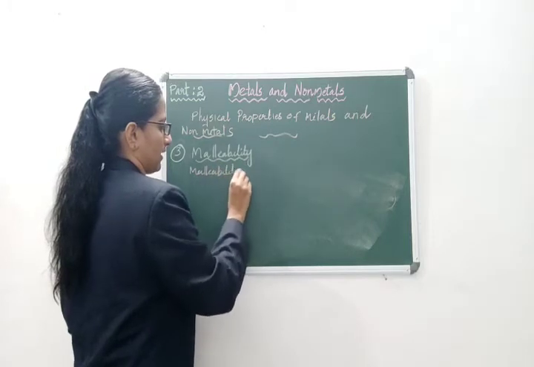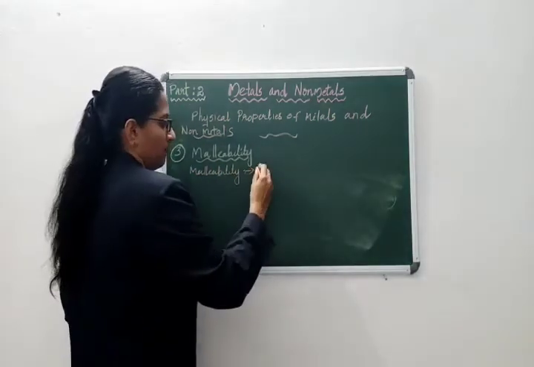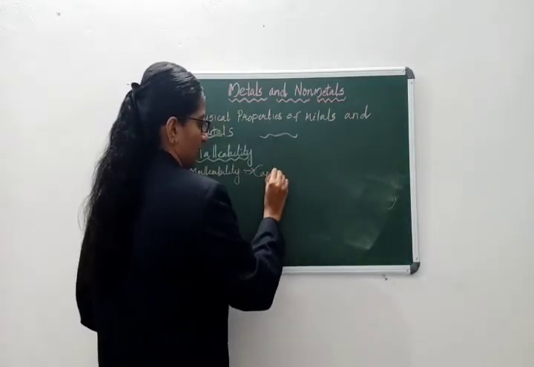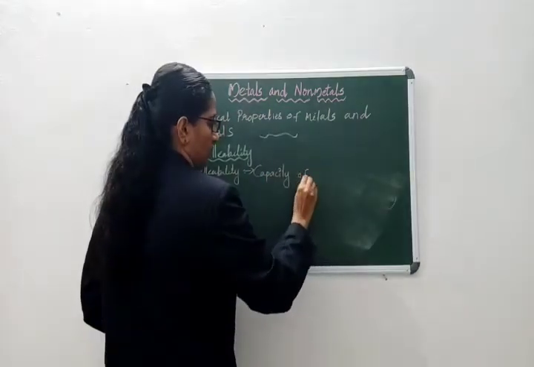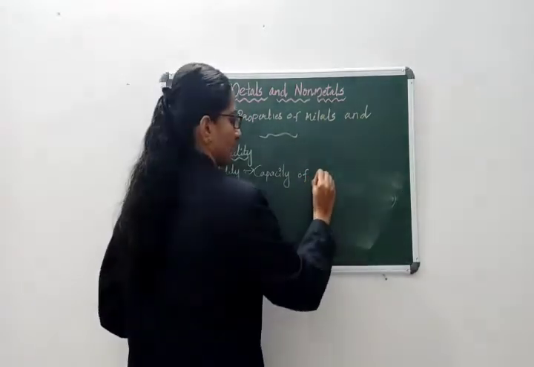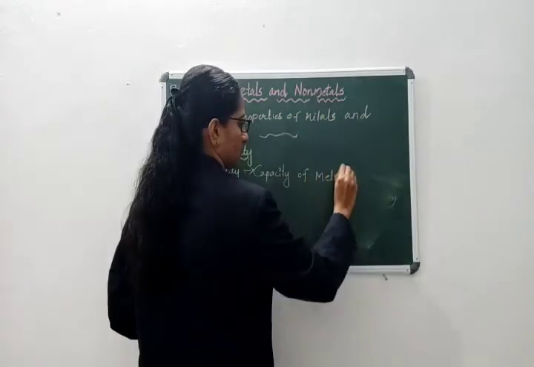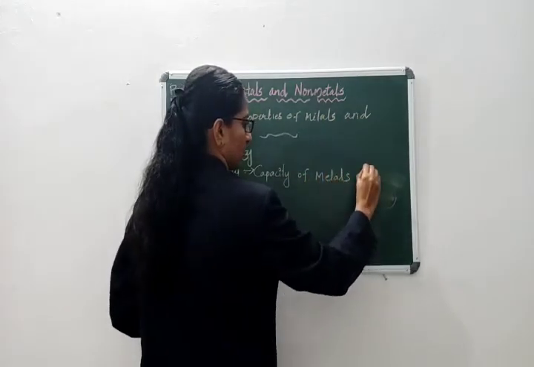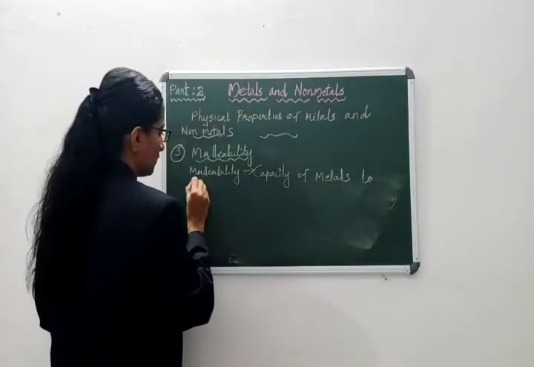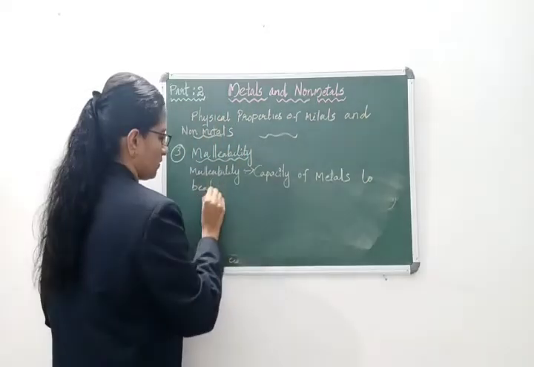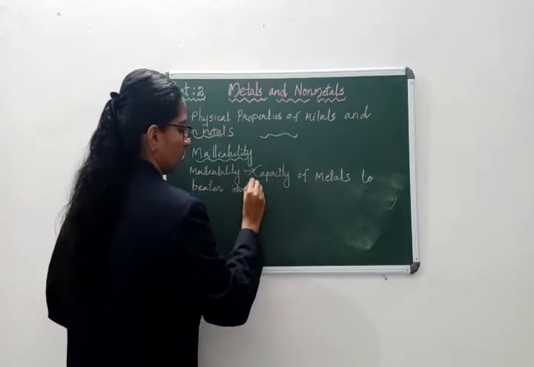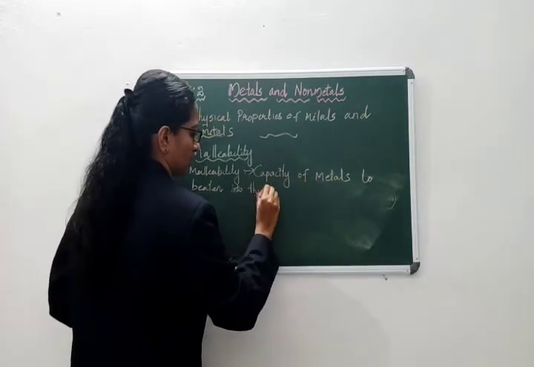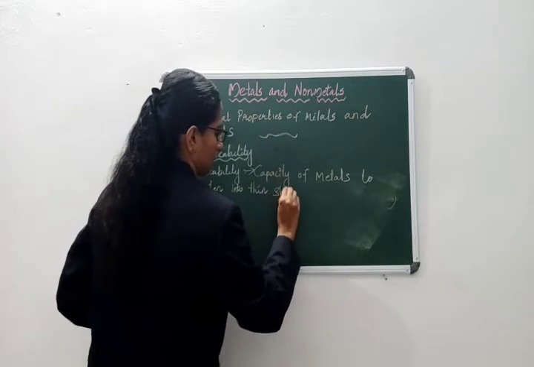Malleability is defined as the capacity of metals to be turned into thin sheets.